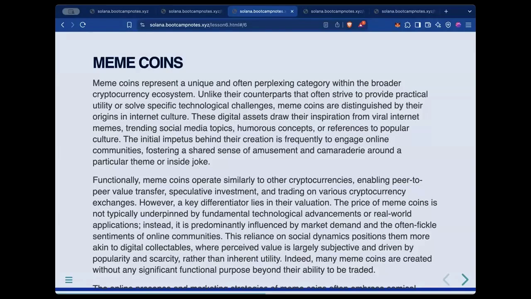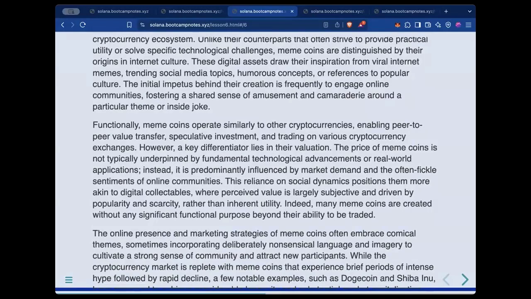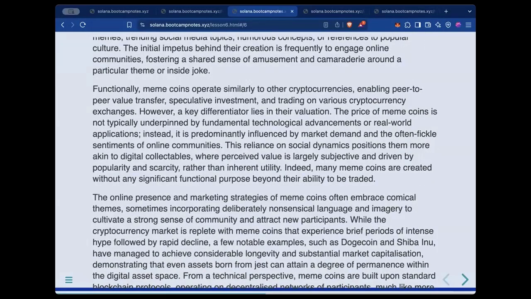And of course, if you create a token associated with a meme and it becomes popular, then potentially that token will rise in value. And that is often the reason that people are creating these things. The idea that you could create something that is then going to rise massively in value is obviously a motivator as well. And it's perhaps less the case that you're going to use these in a particular way.